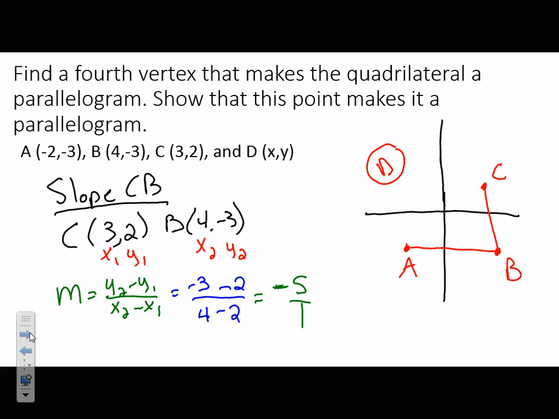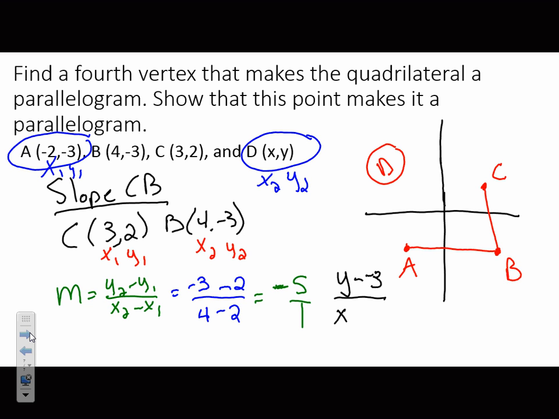So I don't know D, and I need to know A. So I'm going to use D, and I'm going to use A. So this is going to be my x1, y1, x2, y2. And we're going to plug it in here. So to finish this one off, I'm going to say y minus a -3 all over x minus a -2 equals -5 over 1. And I'm going to set them equal to each other.